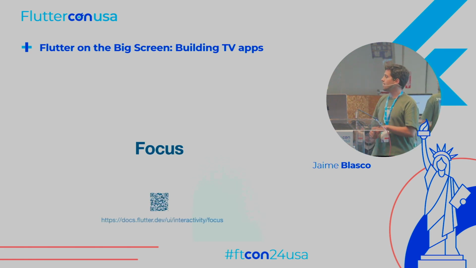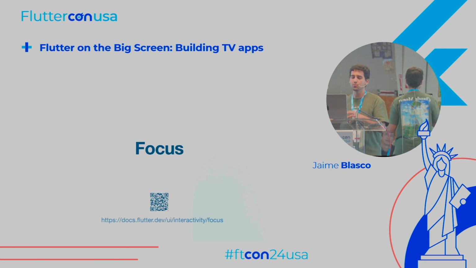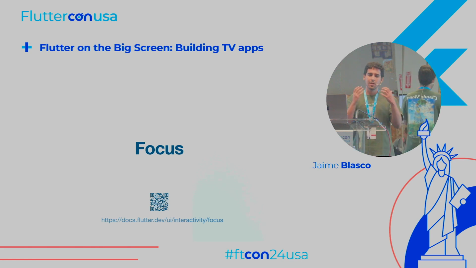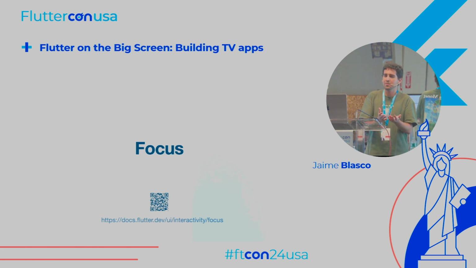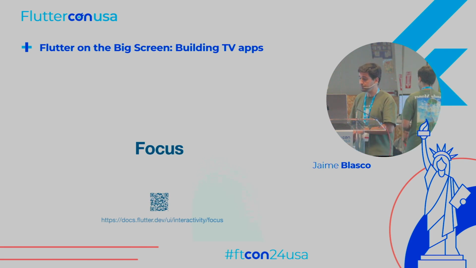We are going to do a summary here, but I think it's very useful to read, even just for mobile Flutter apps, because it tells you how a hardware device, a hardware key like a keyboard, touch, or remote, creates a hardware key event that converts into a focus and changes into different focus nodes under your widget tree.